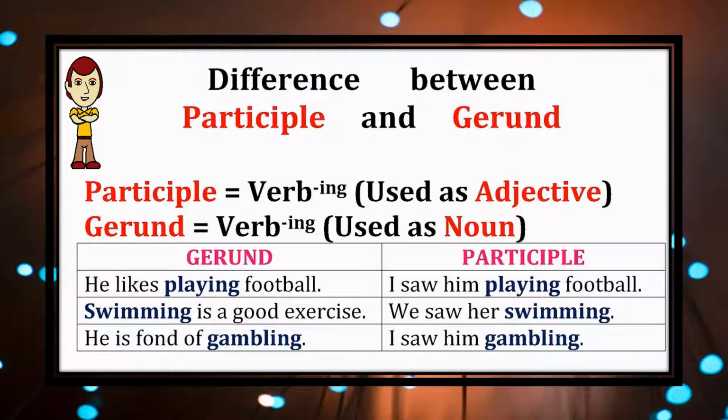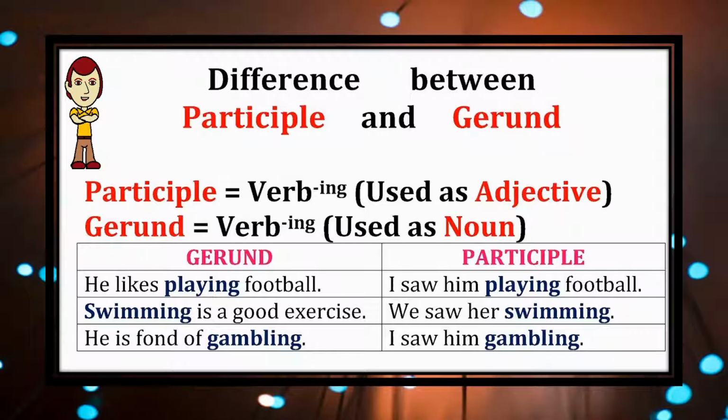Gerund is a verb adding ing, and it is used as a noun. Example: he liked playing football. If we use play, P-L-A-Y, it's a verb. But after adding ing, it becomes playing. So here, playing is a noun and it's a gerund.